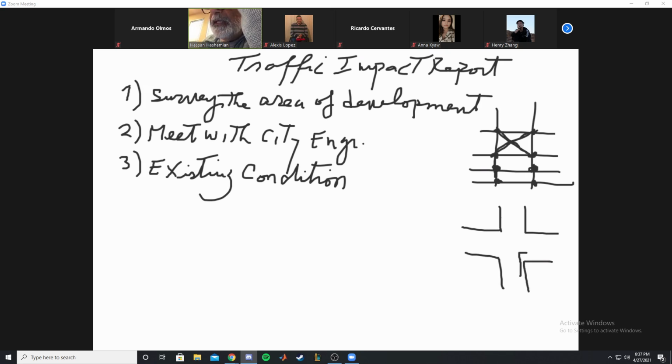So all these movements, right turn, through, left turn, on the northbound, if this is the north, then you have to do the same thing for the southbound, and for eastbound, and the same thing for westbound. So you have to get that data on all of these intersections that you have to analyze, during AM peak and PM peak.